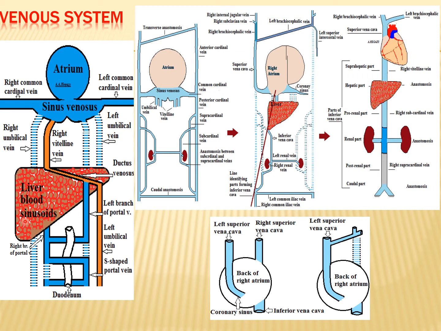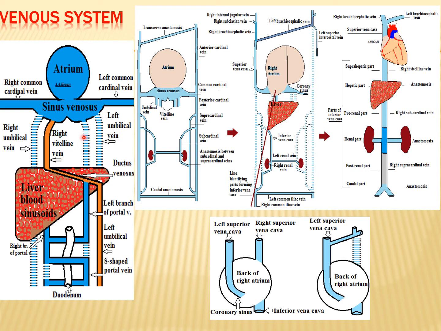divides the umbilical and vitelline veins into an upper portion, a lower portion, and a middle portion. We begin with the vitelline vein.